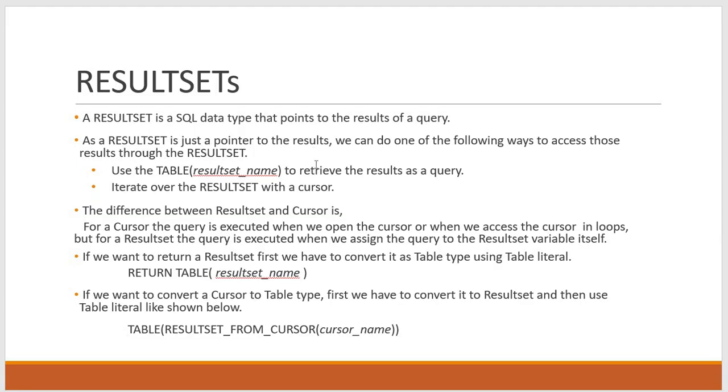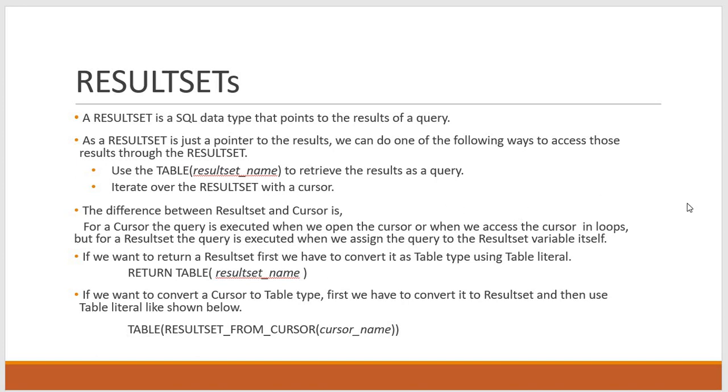If I want to access the query results by using this result set, there are two ways. The first one is by using a table literal, like a table of the result set name, so that we can access the query results. The second one is to iterate over a result set by using a cursor.